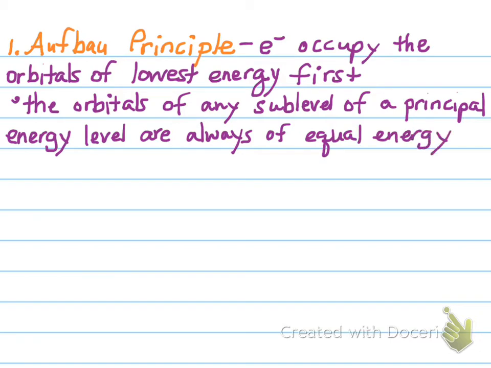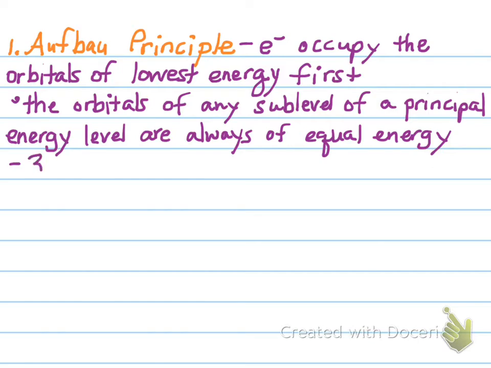All that's really saying is that within the p sublevel, where there are those three different p orbitals, all three of those p orbitals have exactly the same amount of energy. Within the d sublevel, where there are the 5 different d orbitals, all of those 5 d orbitals have exactly the same amount of energy. And within the f sublevel, where there are those 7 different f orbitals, all 7 of those have an equal amount of energy. We'll write that in our notes here.